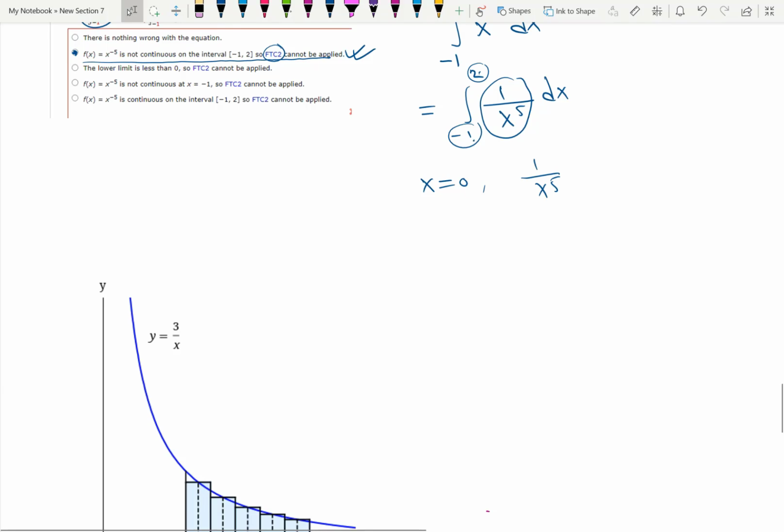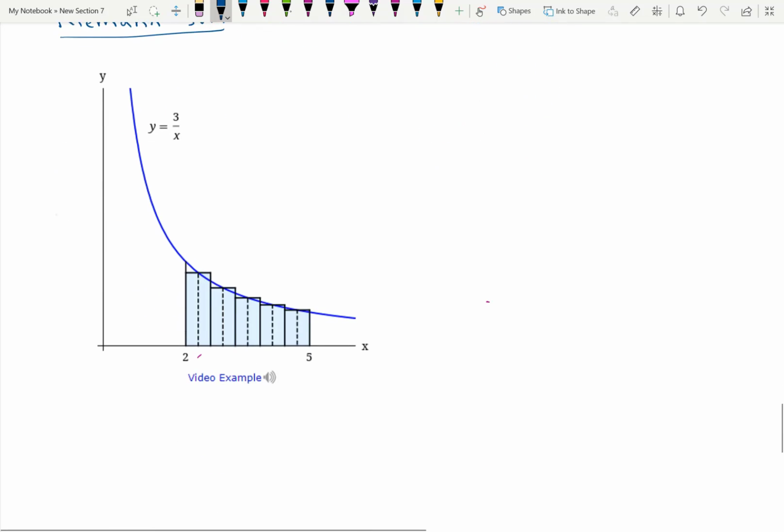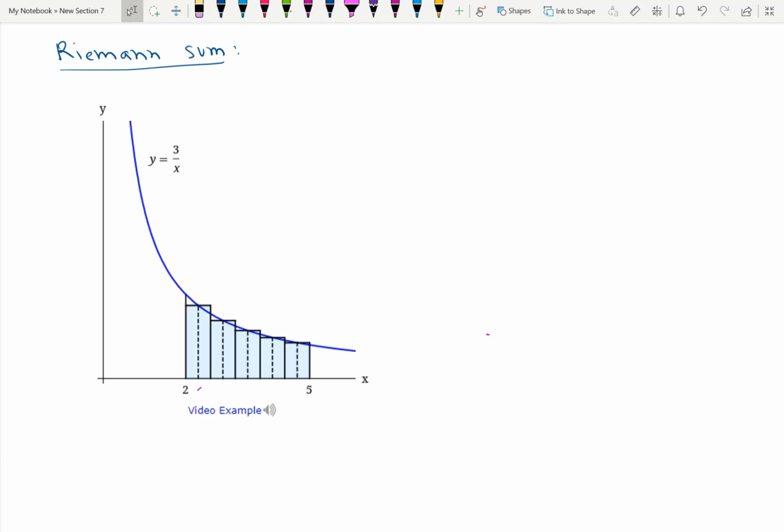Now finally we will learn the Riemann sum. Riemann was a famous mathematician. So we have y equals 3 over x, and we want to approximate the area of this shaded part. Luckily for this problem we can use the formula.